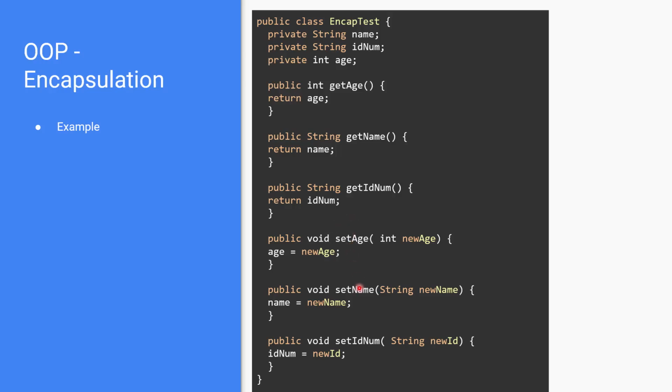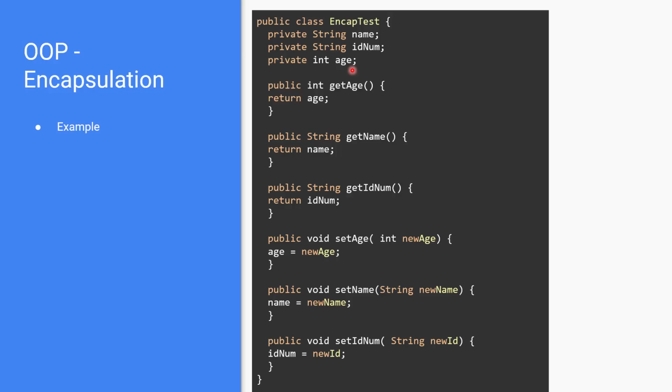We have our set name, our set ID number, and our set age, and we're passing in the appropriate data, integer and strings. Once we instantiate EncapTest and then call these 3 methods, we are setting the value of these 2 private strings and this integer age.